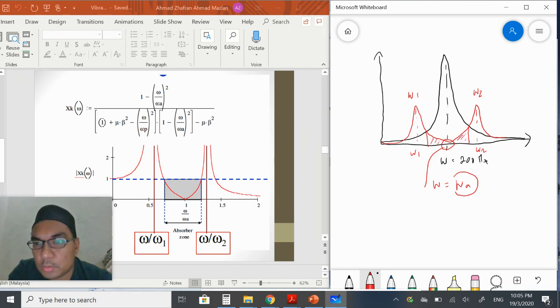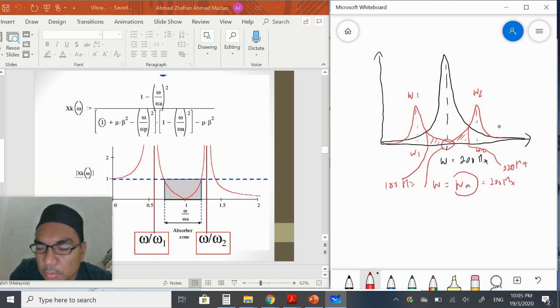Let's say we assume the new range is about 180 hertz to 220 hertz. Any shift of the operating frequency when you have already designed the DVA to be equal to 200 hertz means that you must maintain the operating frequency of the system.